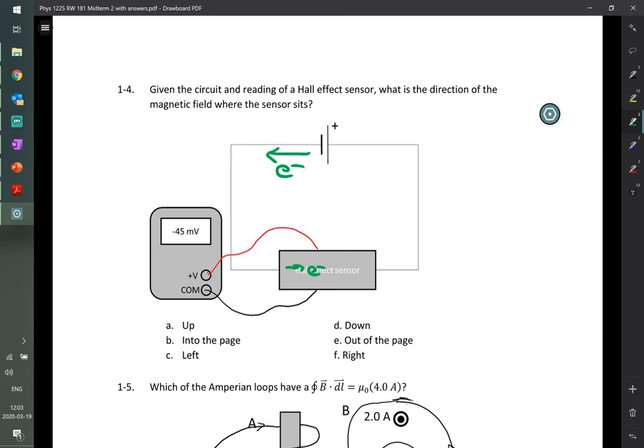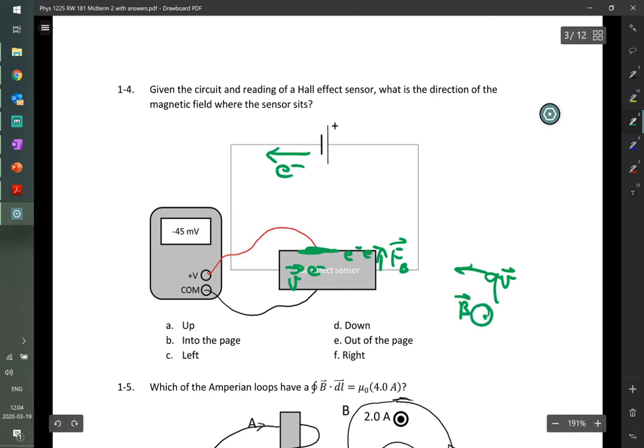And we're told that this top half has a lower potential than this bottom half. So that means there's more electrons trapped up on this top here, meaning the magnetic force is up. Given that my V goes that way, using my right hand rule, my QV, Q being negative, has to point the other way. In order to have the magnetic force point upwards, my right hand tells me the magnetic field must be out of the page.